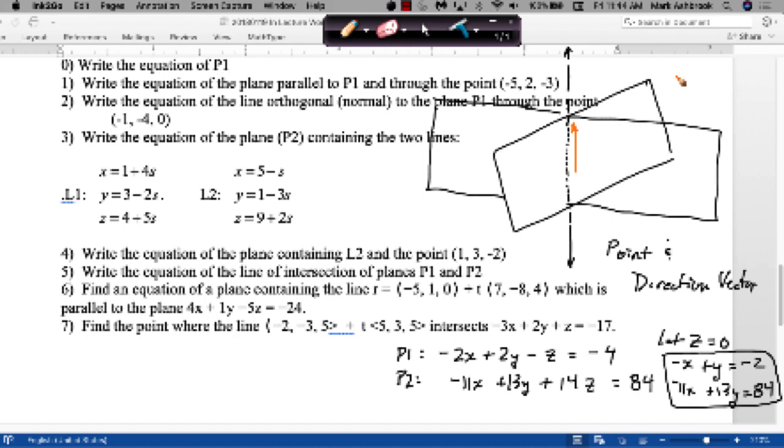Okay, that's good. How about something a little more novel than that? No, that's totally valid. That will work. But in terms of the geometry here, is there another way, geometry-wise, rather than more algebra-based, that we can get that vector? So what do we know about these planes, right?